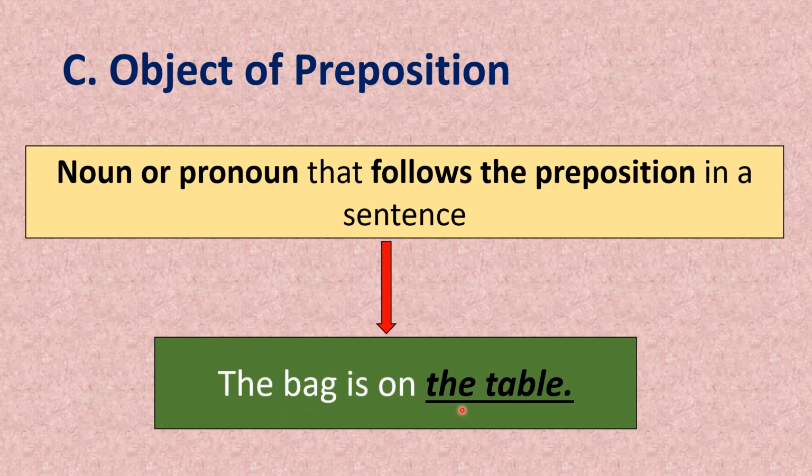Here you can see that the table is a noun that comes after the preposition on. As this noun, the table, comes after the preposition on, thus the table becomes the object of preposition on.